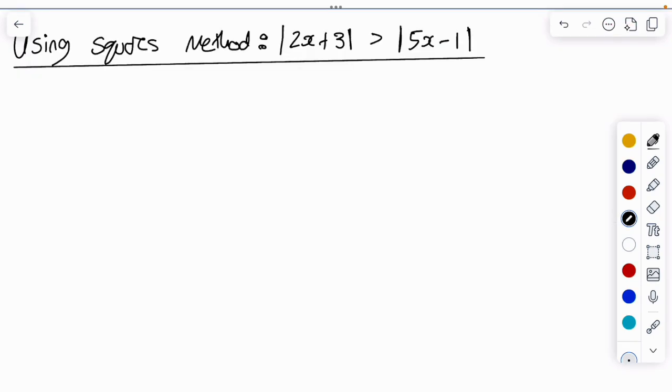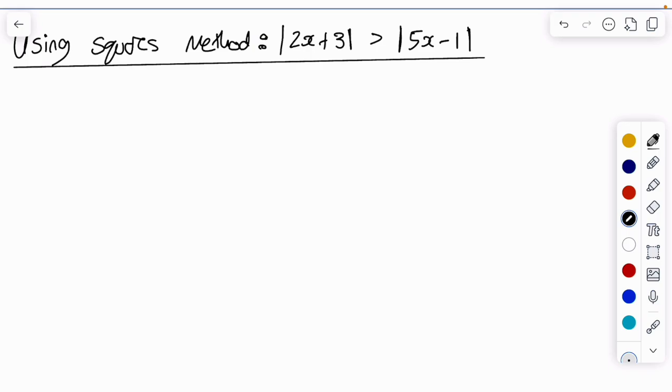Alright guys, now chances are in an exam it's going to be very cumbersome to draw those graphs and do it that way. So it might not be, but sometimes it is. So one way to come around this is obviously to use a squares method.